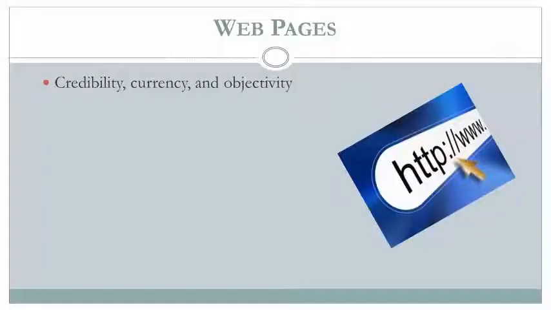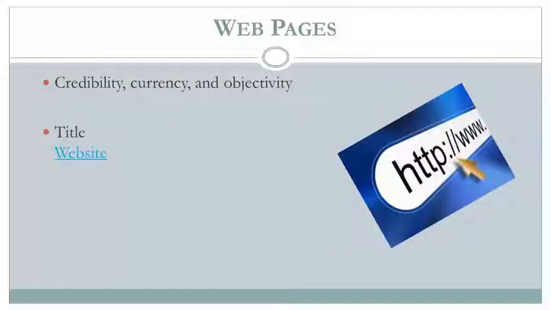The American Heart Association's website would be a good one because that's a well-established organization. Currency. How recent was this information? How recently was this information put on the website? And then objectivity. Are they looking at this issue that they're putting information out on objectively? Or do they have a bias and they're looking only at one side of it and perhaps even misleading you?